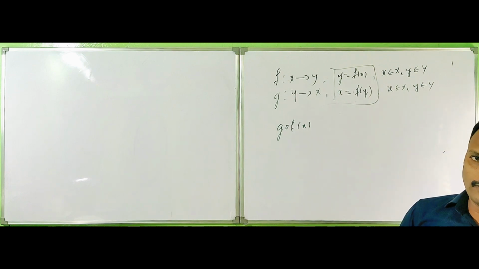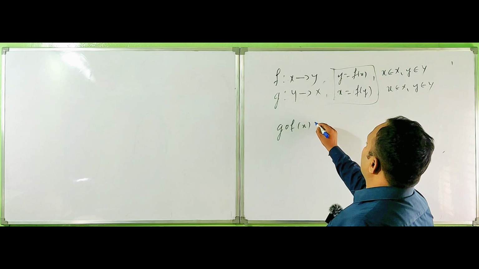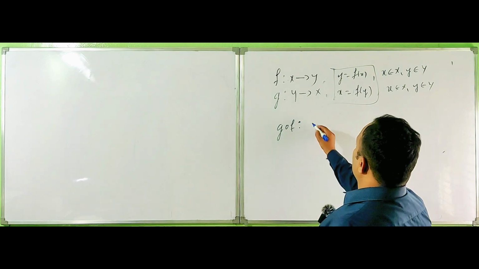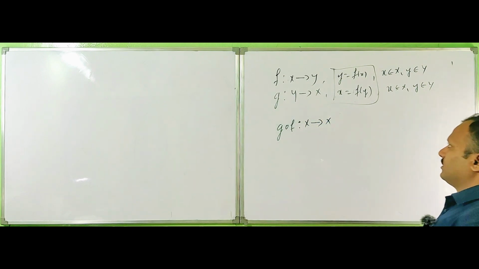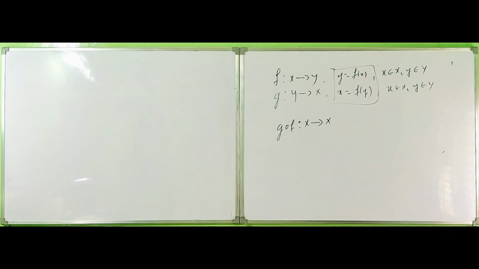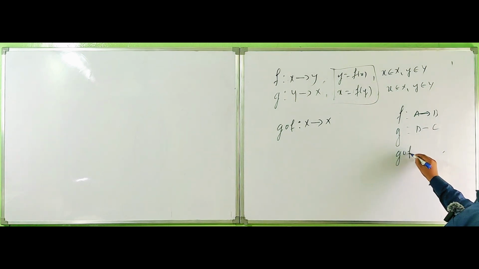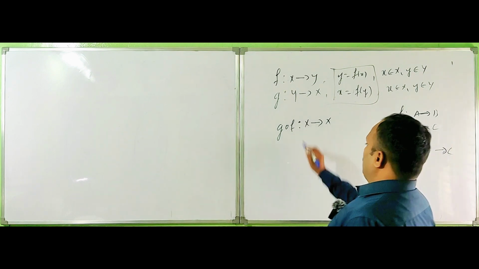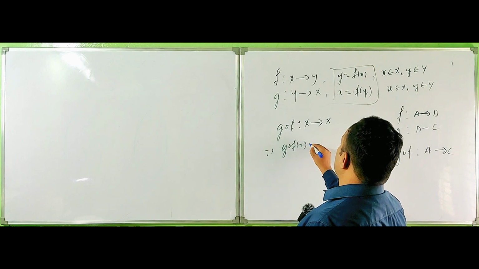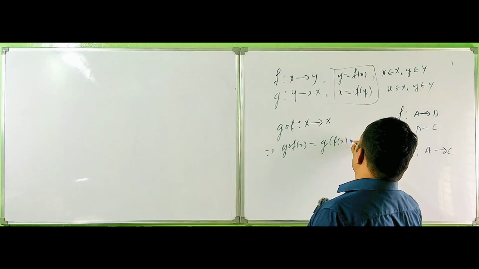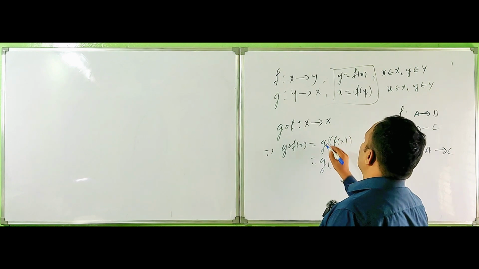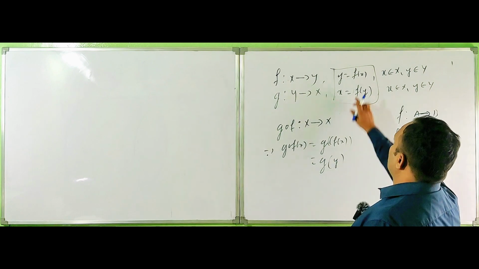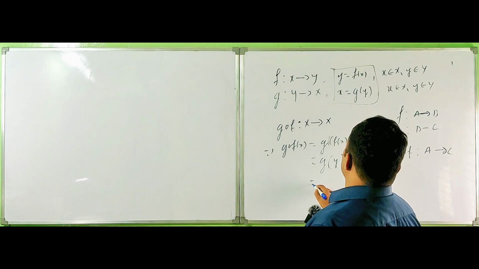This is a function from X to X. If f is a function from A to B and g is a function from B to C, then g composition f is a function from A to C. Here it is from X to X. Let's see, g of f of x: what is f of x here? f of x is equal to y. So this is g of y, and g of y is x.